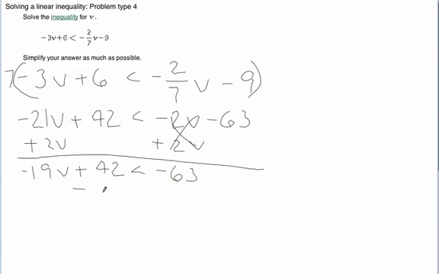We're going to subtract a 42 from both sides. We get negative 19v is less than, that's going to be negative 105, right?